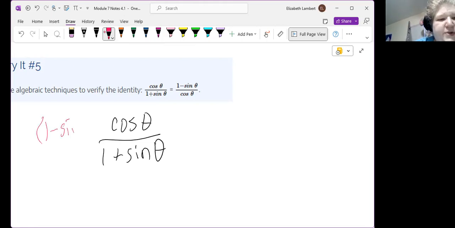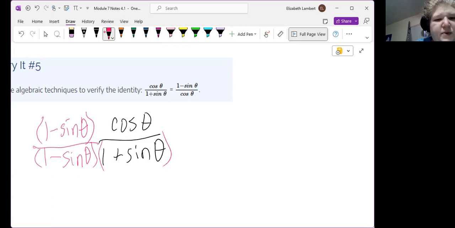Or you can also think of it as, well, I want to see 1 minus sine theta on top, so I'll multiply by that on the top and bottom. I'll just sneak some parentheses back around there. Since I want to see 1 minus sine theta on top, I'm not going to multiply those. I'm going to keep them separate and hope that the cosine will eventually cancel with something.